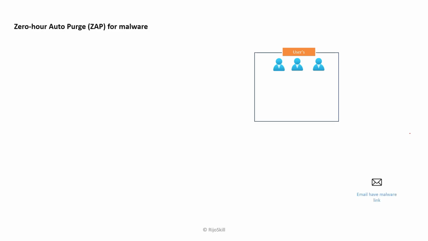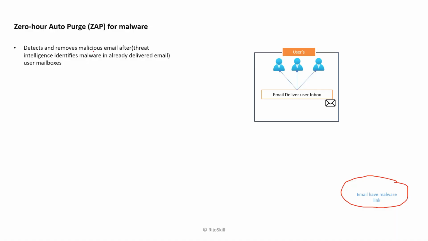An email with a malware link is delivered to the user's inbox. After it is delivered, you can see it detects and removes the malicious email once threat intelligence identifies that malware has already been delivered to the user mailbox. So once this email is delivered to each user, but the email has a malware link or something like that, the 0-hour auto purge will work to remove that delivered inbox email. So that is the 0-hour auto purge.